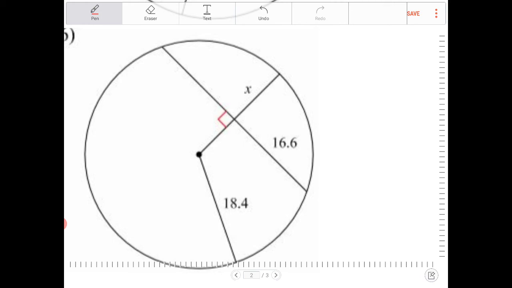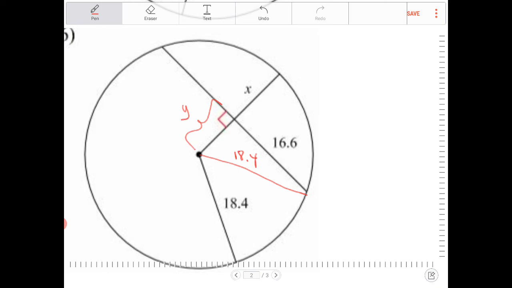So here, notice that the radius is 18.4, which means this is going to be 18.4. And if that's 18.4, I can then solve for what this little segment is, which I'm going to call y.